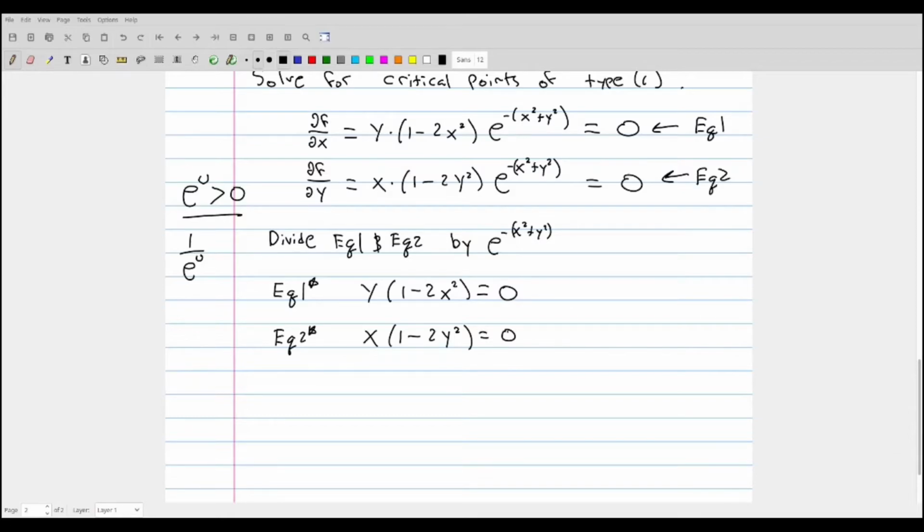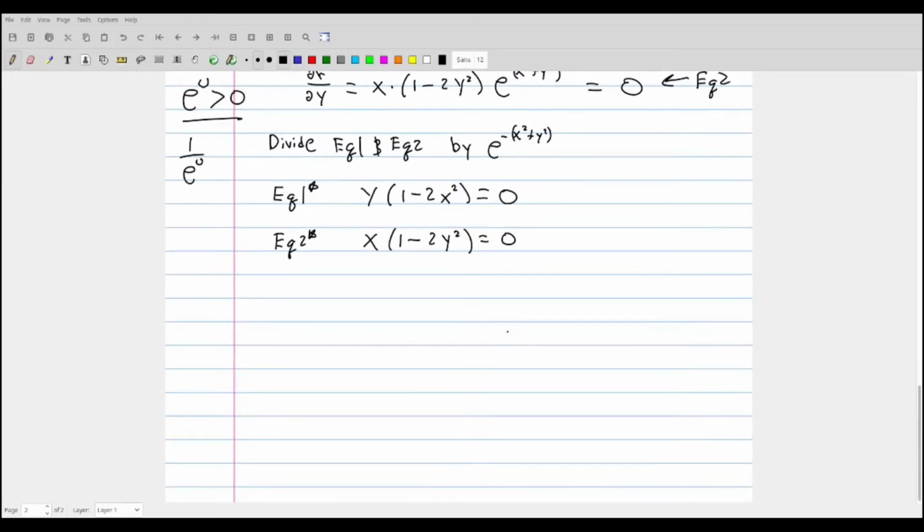So in this case, we'll probably start with equation 1 star, and then you can go through and see what that implies about the other equation, equation 2. So let's go through and do this right now.